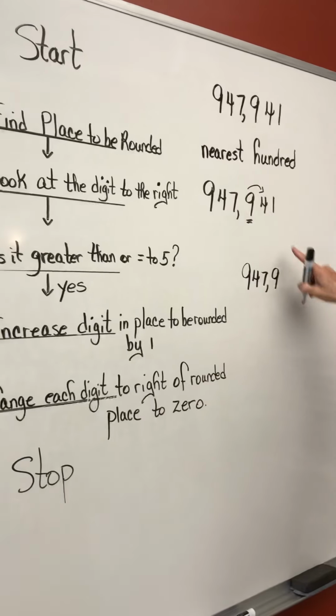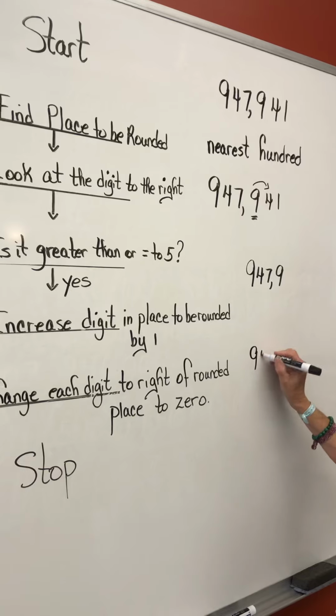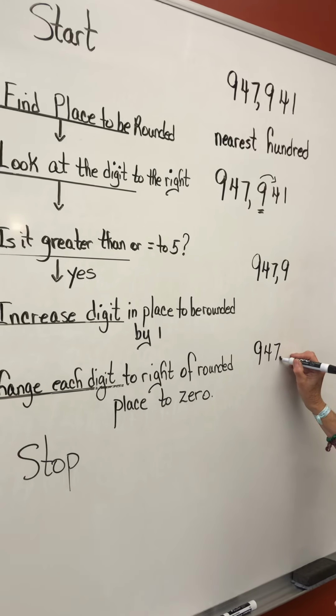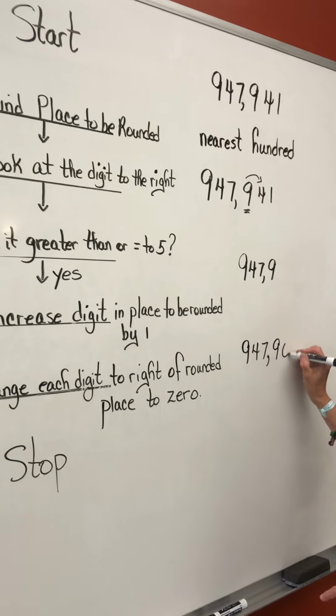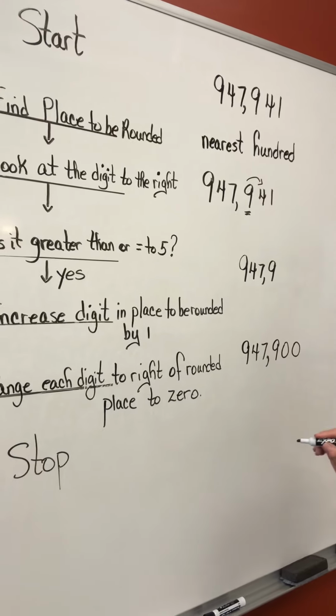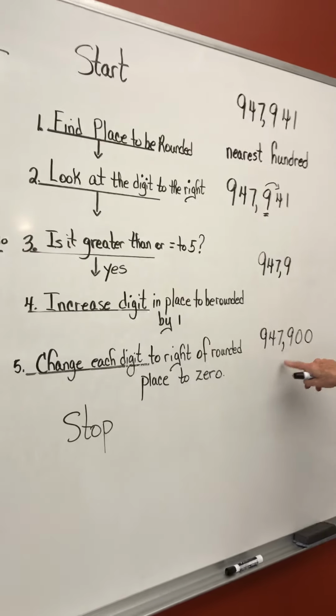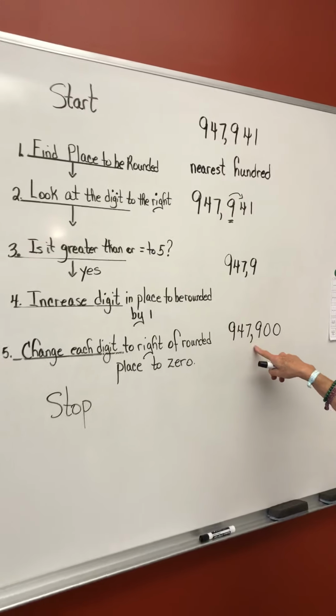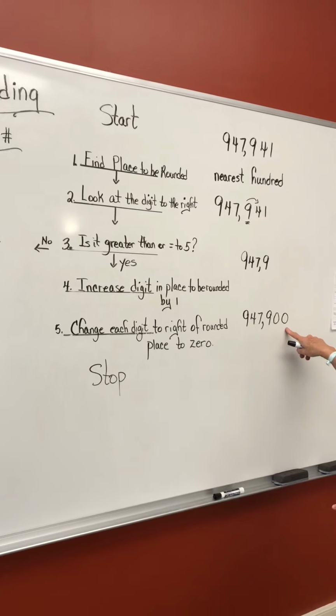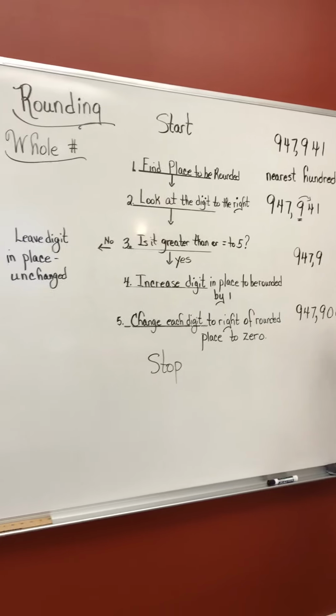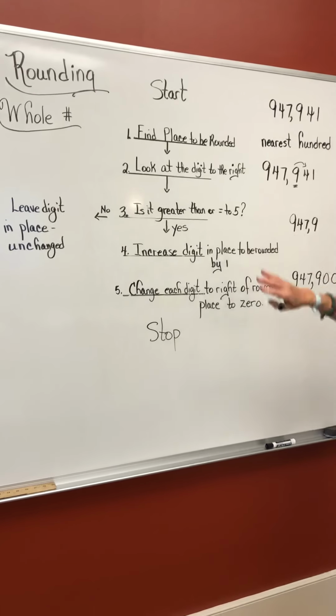So I'm just going to replace all of them, those other numbers, with 0, okay? So I've rounded it to the closest hundred, and this will be 947,900, okay?